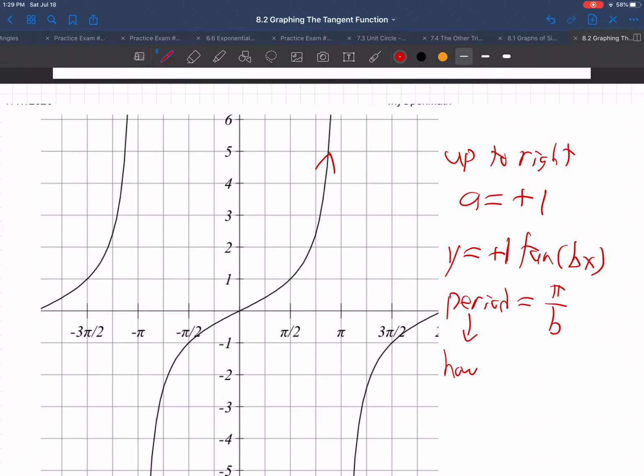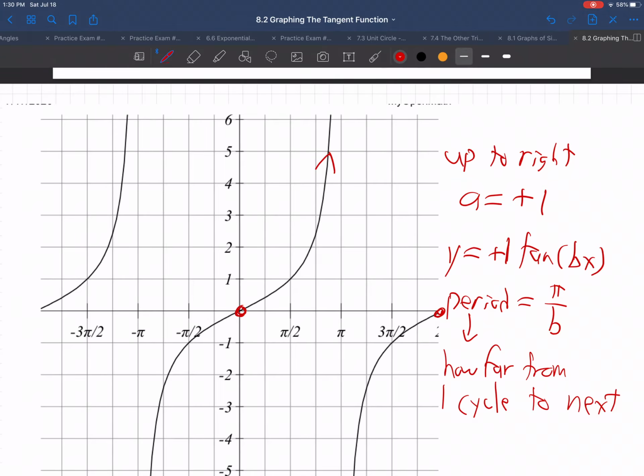What is the period again? It's how far from one cycle to the next. That's a little tricky to see, isn't it? How far is it from one cycle to the next?